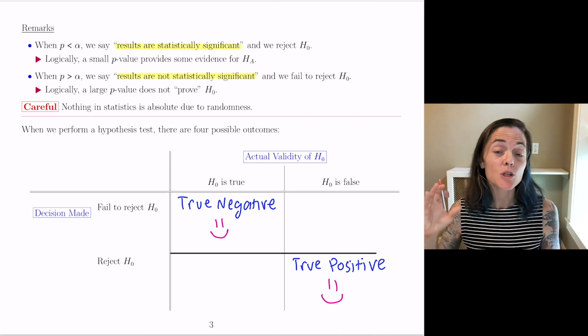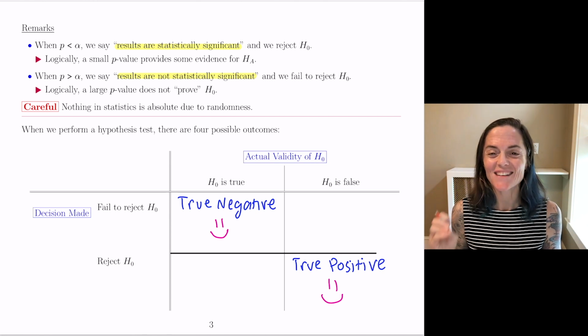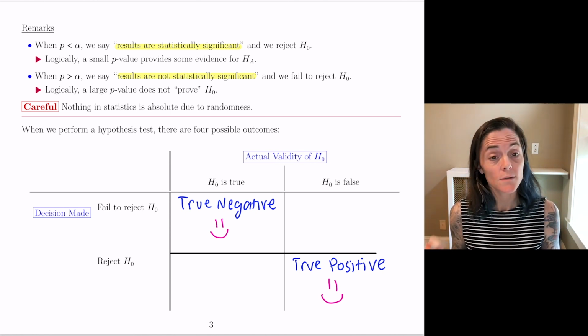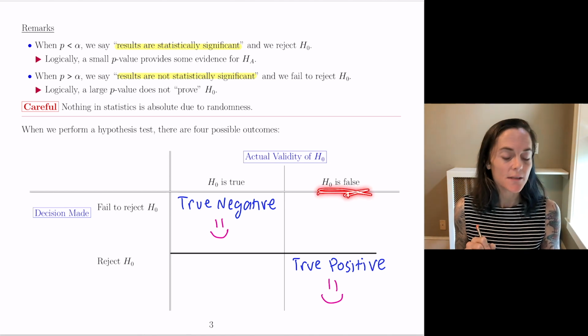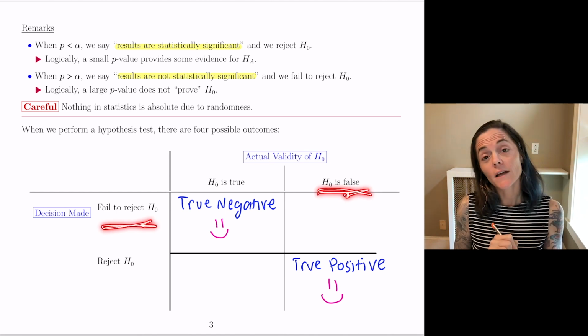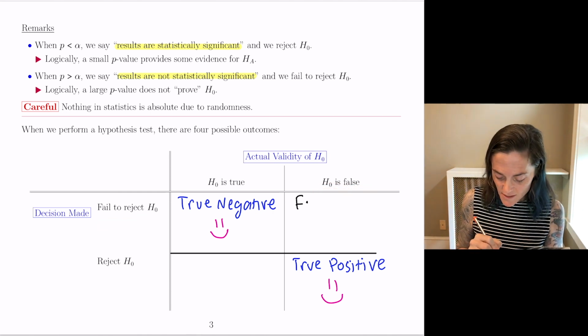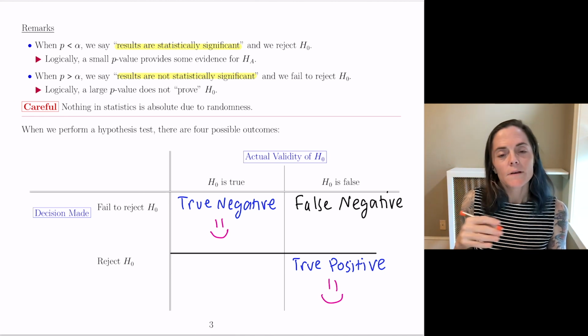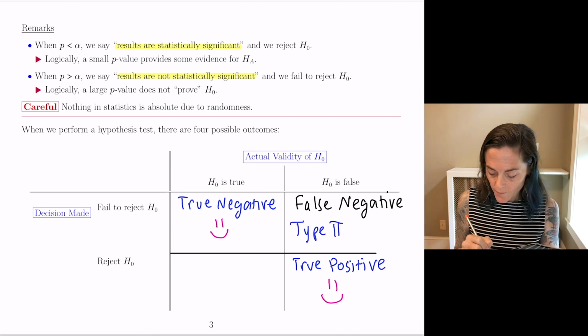However, in the other 2 possibilities, we have made a mistake based on our statistical test. So let's discuss those now. First of all, perhaps the null hypothesis is false, but we have failed to reject it. You can think of this as a false negative. In the language of probability and statistics, we call this a type 2 error.